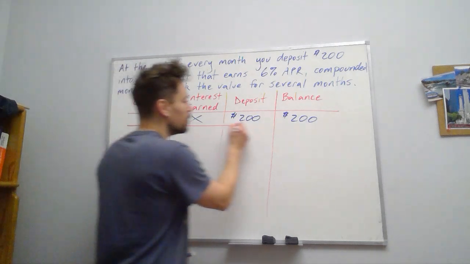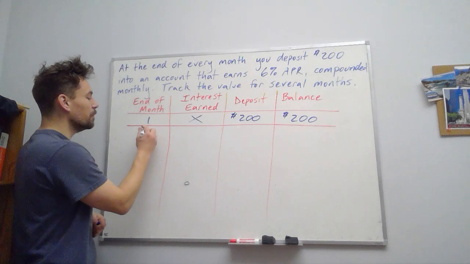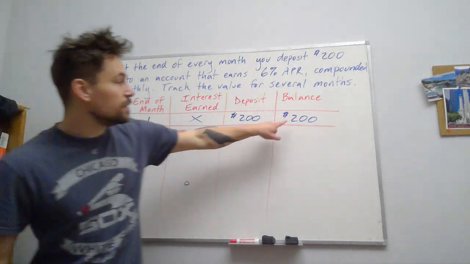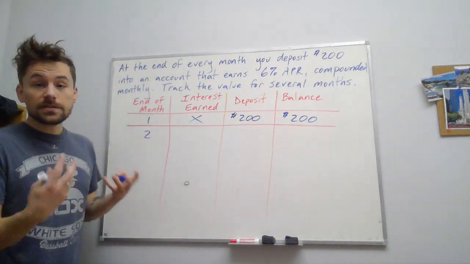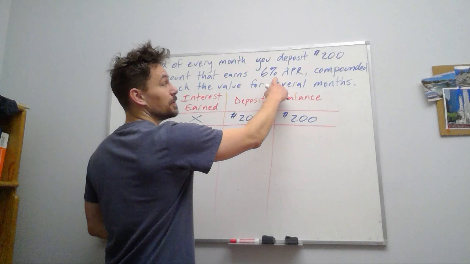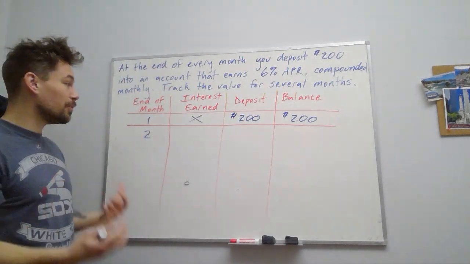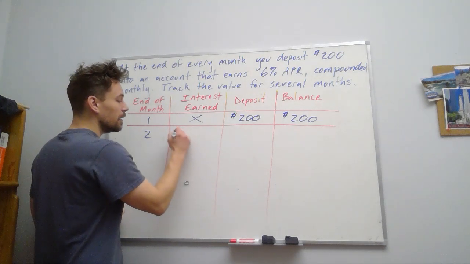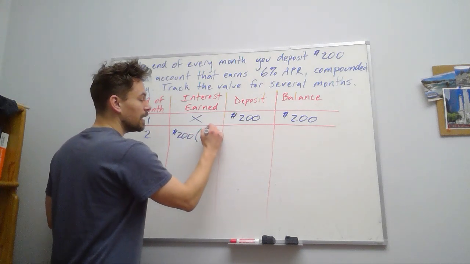Great. We're going to get into slightly more interesting territory when we look at month 2. By the end of month 2, that $200 balance was sitting in there for a month, so it was earning some interest. Now it's not earning 6%, because we have to think about how it's broken down per month. So the interest that we earned was 6% of that 200, but not the full 6%.